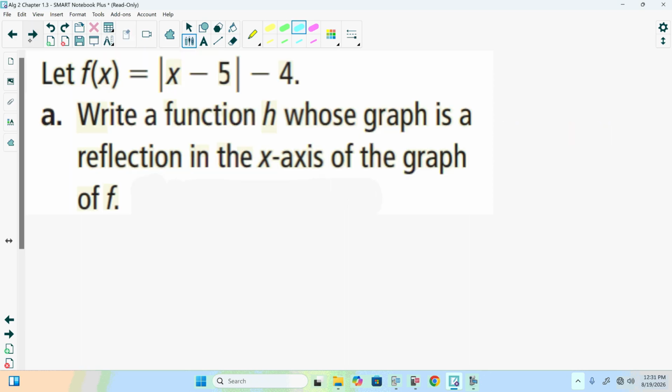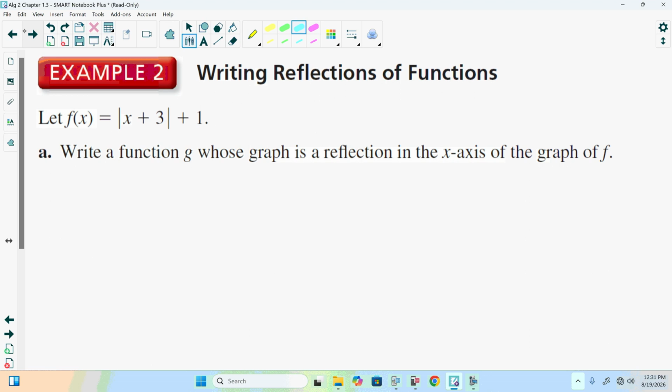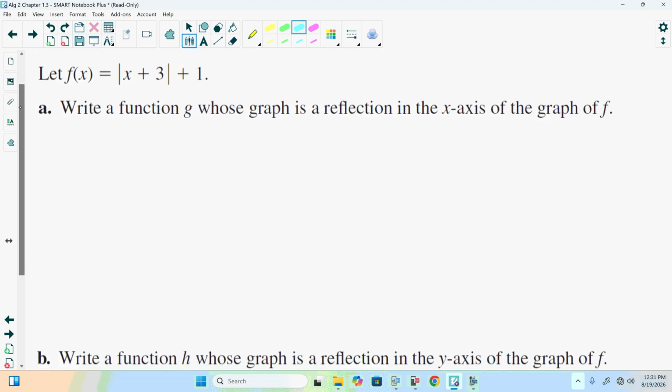So let's see what this means. Let f of x equal absolute value of x plus 3 plus 1. So we'll need this. And we want to write a function g whose graph is a reflection across the x-axis.